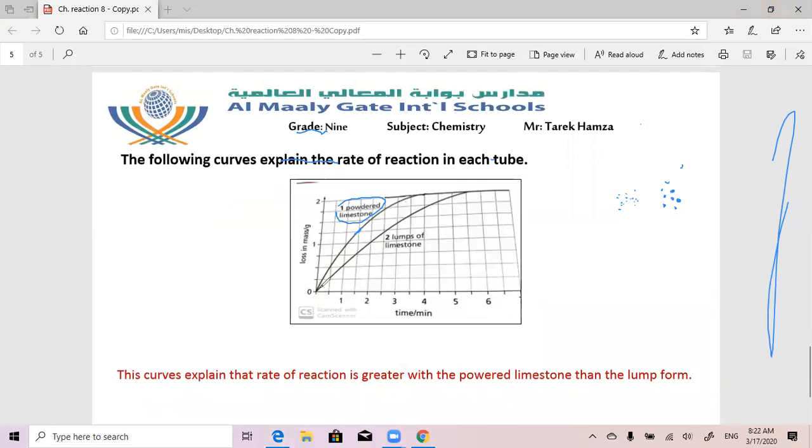The chemical reaction here initiates faster and increases in height, but the second curve explains the reaction of lumps of calcium carbonate with hydrochloric acid, which initiates slowly. These curves explain the rate of chemical reaction.